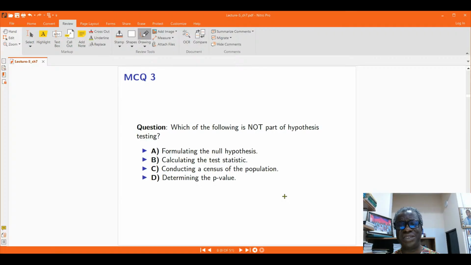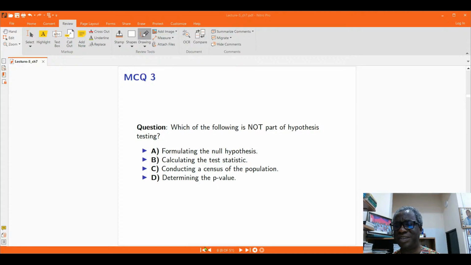C, conducting a census of the population. And D, determining the p-value. Which of the following is not part of hypothesis testing? What are your choices for 3?